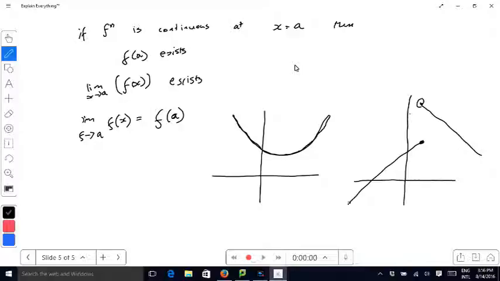I start from the left and I use my pen and I trace it along the line. I get to the point at x equals 2 and I have to lift my pen and go to the other spot up there. So that means it's not continuous. So this is continuous because I don't need to lift my pen up for the whole graph, whereas this one I have to lift my pen at x equals 2 to reach that top point there. So that indicates that it's not continuous.